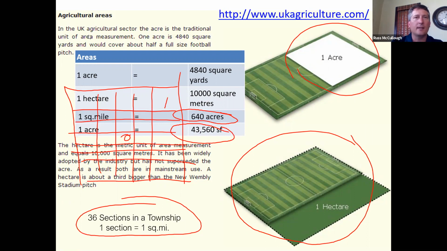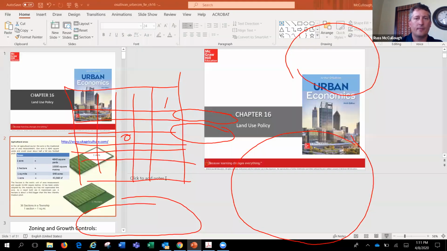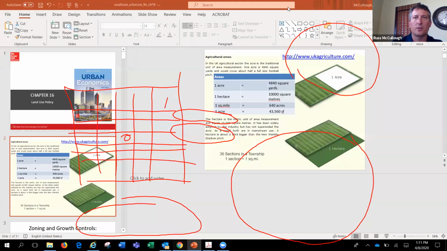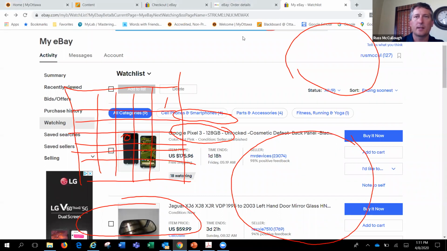Let me go ahead and do this because I think it'd be kind of fun to look at a picture on the internet here. Let me get rid of some of my scribbles now.